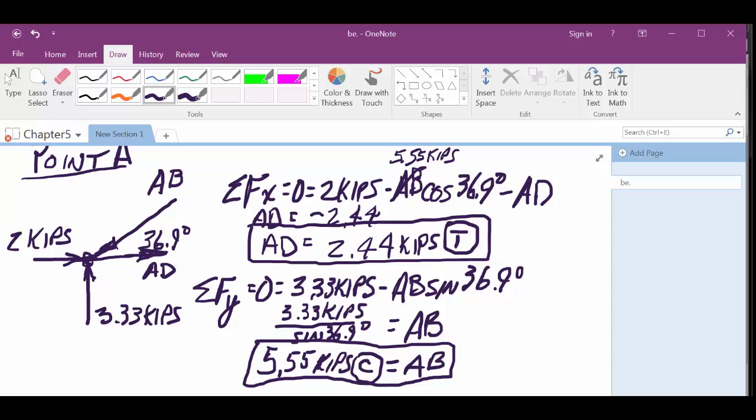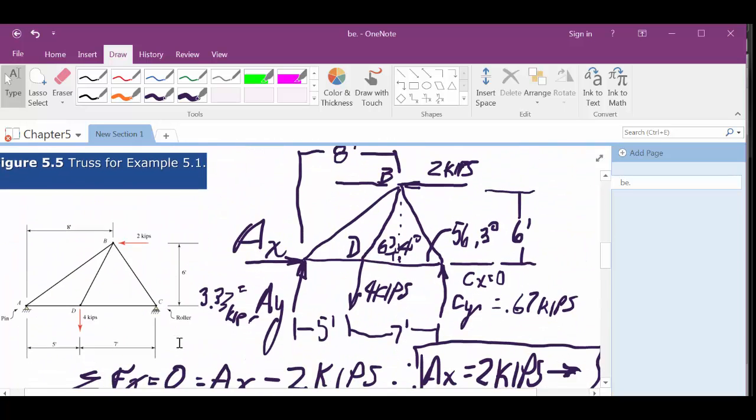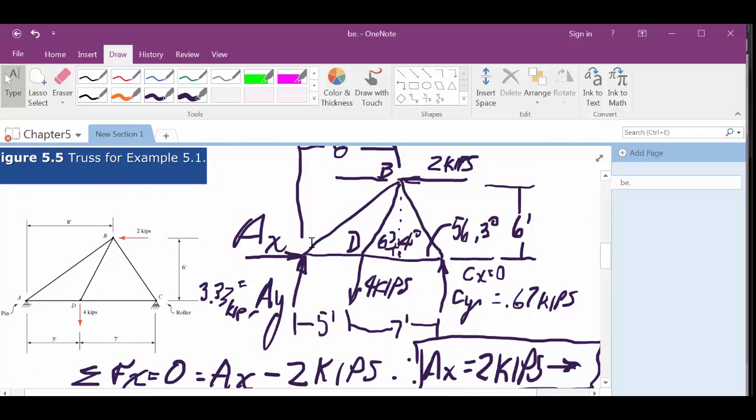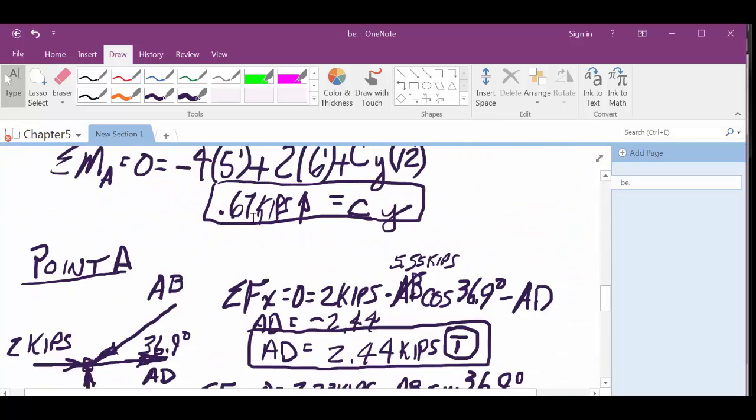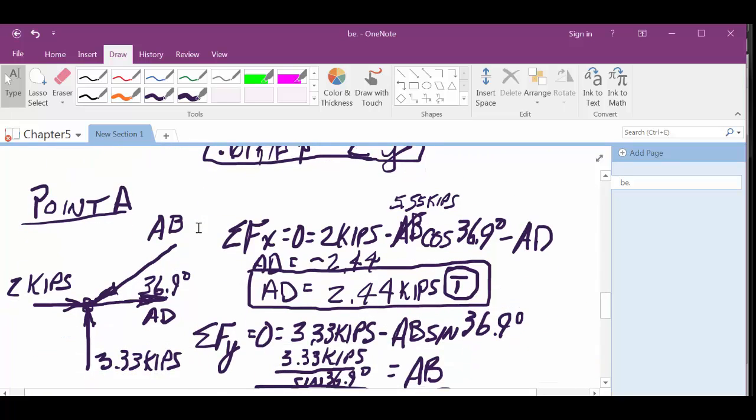Well, now be careful. You're starting to mix two different things. The whole system back up here, AX is what's holding this whole system back with the two kips. But in this problem right here, at point A, there is no two kips. When you're dealing with a joint, you're taking a magnifying glass and looking right at that point.